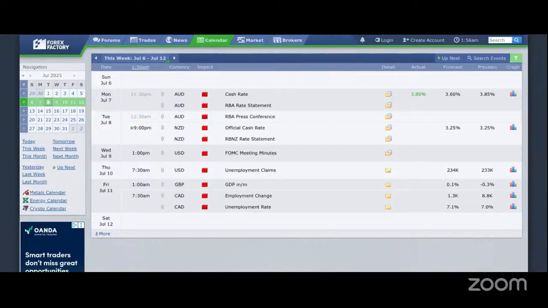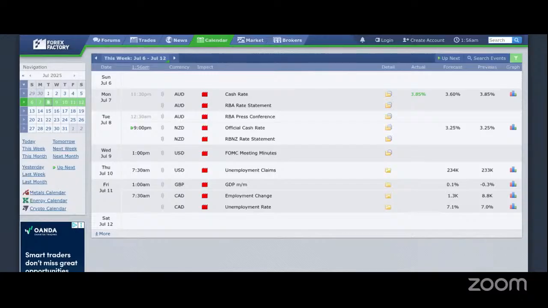That means there's going to be a lot of volatility in any pair involving the New Zealand dollar. So for that, you're going to be looking at movement for the Australian dollar versus the New Zealand dollar, Euro versus New Zealand dollar, GBP versus New Zealand dollar, the New Zealand dollar versus the Canadian dollar, the New Zealand dollar versus the Japanese yen, and the New Zealand dollar versus the United States dollar.